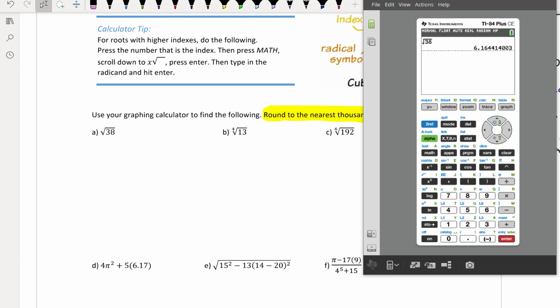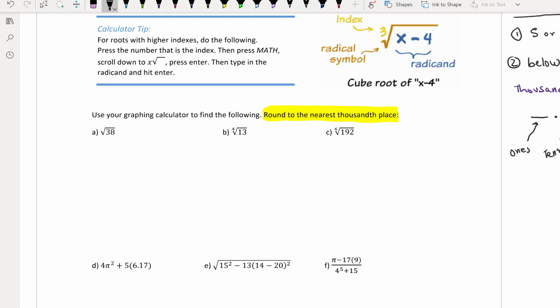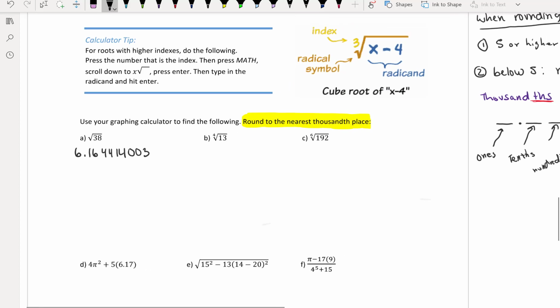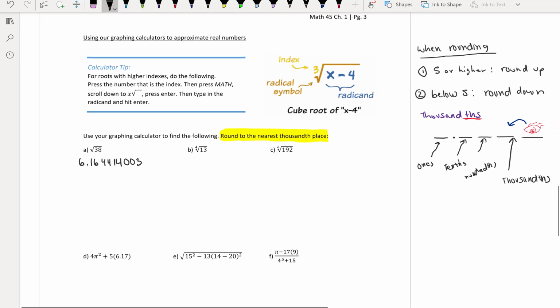And so when I do that, I get 6.1644140003. So I'm going to go ahead and write that down. And again, I'm looking at my thousandths place. So I'm going to look at 4 decimals past. 1, 2, 3, 4. This is where I'm going to be looking.